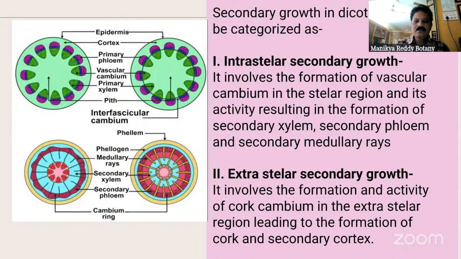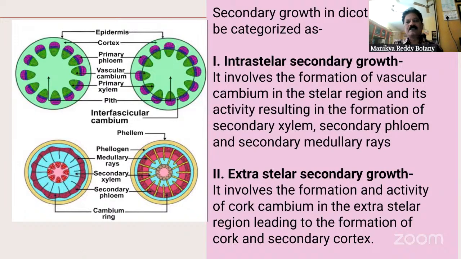There are two terms, so don't get confused. Already there is a strip of cambium present in the primary stem, within the vascular bundle. That is called intrafascicular cambium.